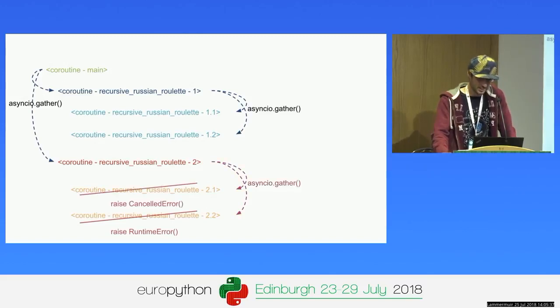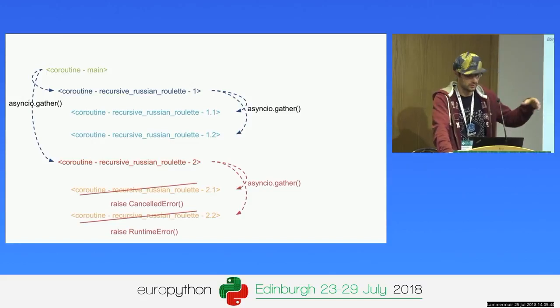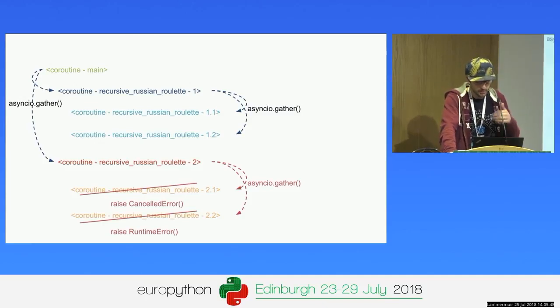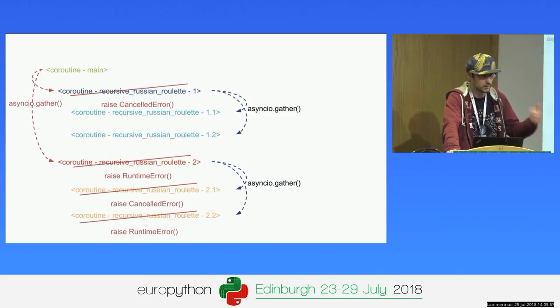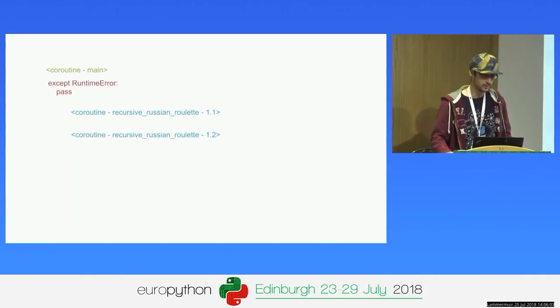So I saw that when a coroutine blows up and the coroutine is watched by asyncio gather, it will cancel the other coroutine it is tasked to watch and will make the exception bubble up. So it bubbles up to coroutine 2, and this coroutine 2 is also watched by asyncio gather by coroutine 1, the main coroutine. So we cancel coroutine 1 too, and we end up like this.